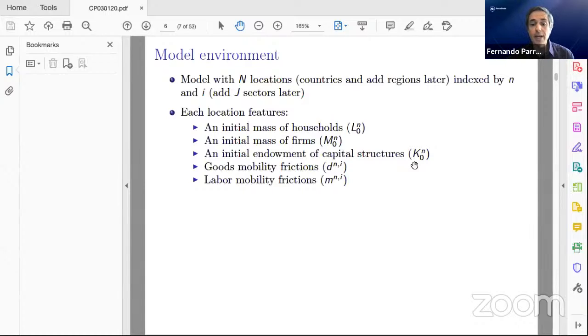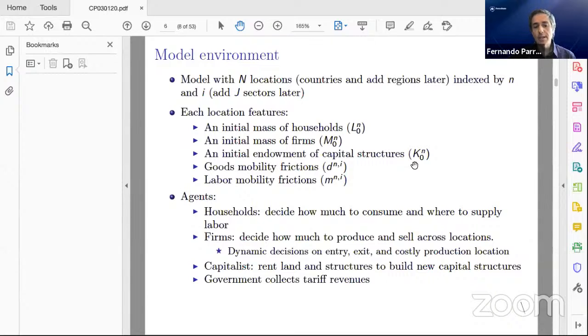Moving goods within the United States is going to be subject to trade cost, and moving goods across countries is going to be subject to both trade cost and tariff. And also moving labor within the United States is going to be subject to mobility frictions. So in the model, there are going to be several agents. There are going to be households that decide how much to consume and where to supply labor.